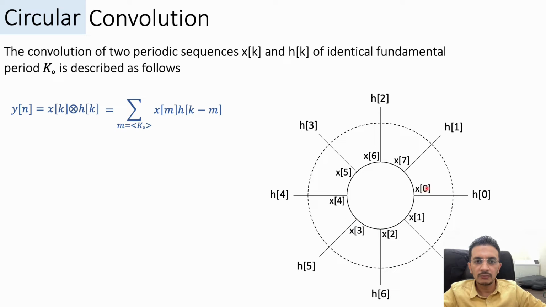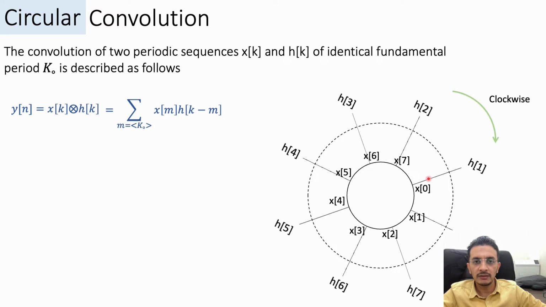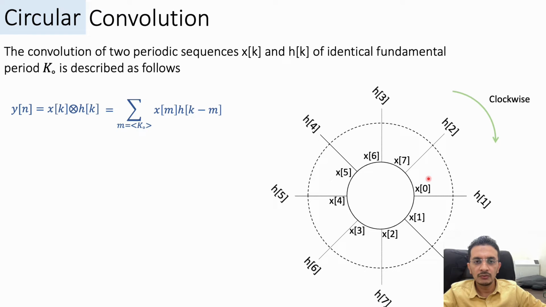This one multiplies with this, and then this one multiplies with this, and all these pairs are multiplied and then summed up together. After that we rotate the outer circle by one sample in clockwise direction, like this. Now the new pairs are multiplied and then at the end summed up together.